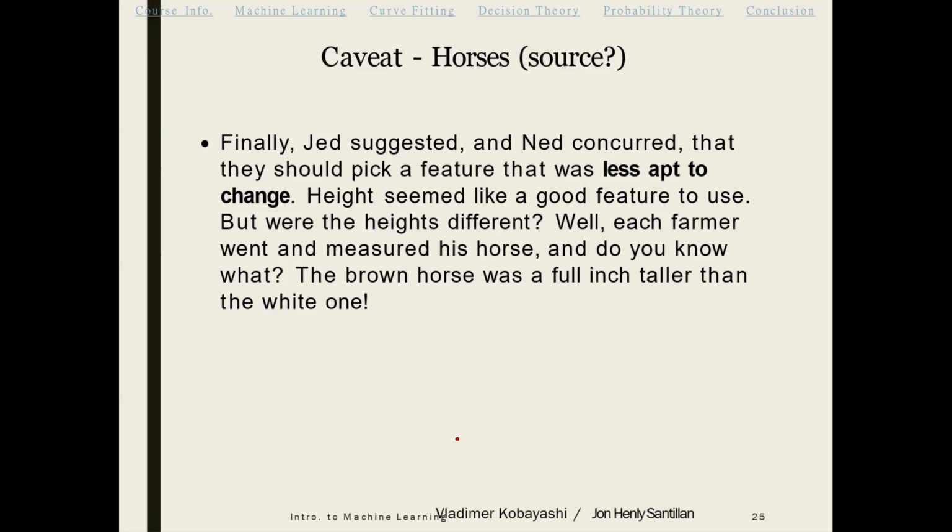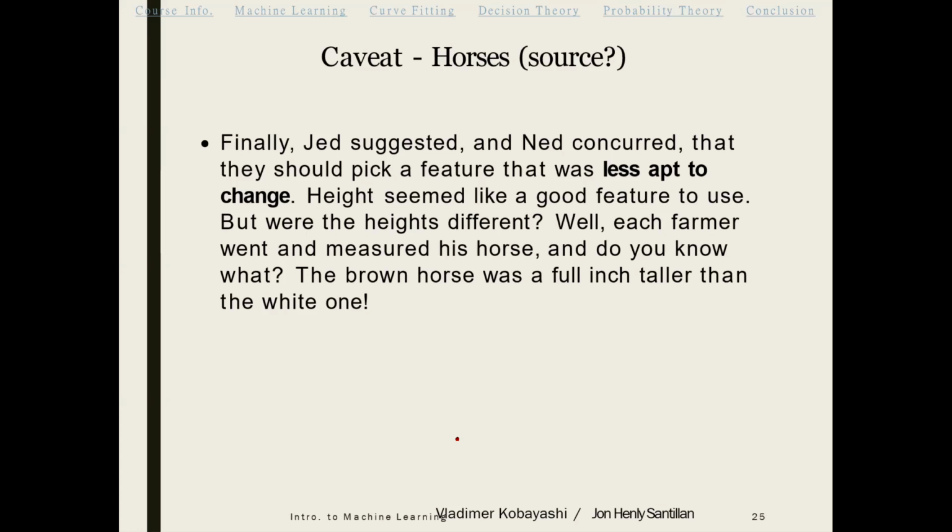Lalo na kung medyo adult na yung horse. Pero yung maglagay ka ng bow, pwedeng matanggal ang bow, pwedeng kainin, pwedeng masabit, yeah? Or kung lagyan mo siya ng isang notch dun sa ear, it could be yung isa magkaroon din, not through intentional na pag-notch, could be result of accident. So those features tend to change a lot.